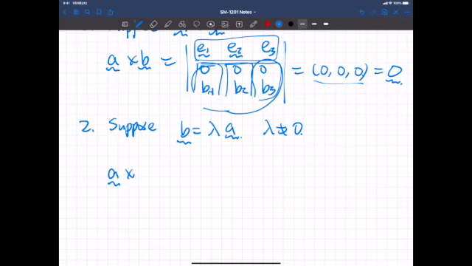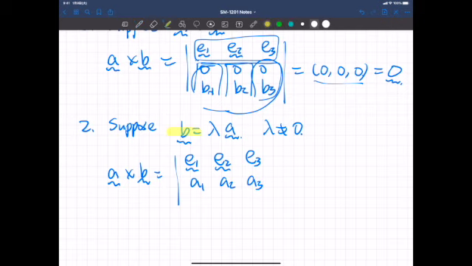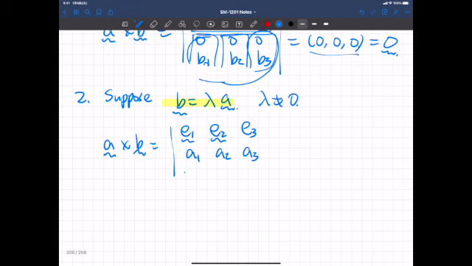So A cross B is this: A1, A2, A3, and because of this we have lambda A1, lambda A2, and lambda A3.